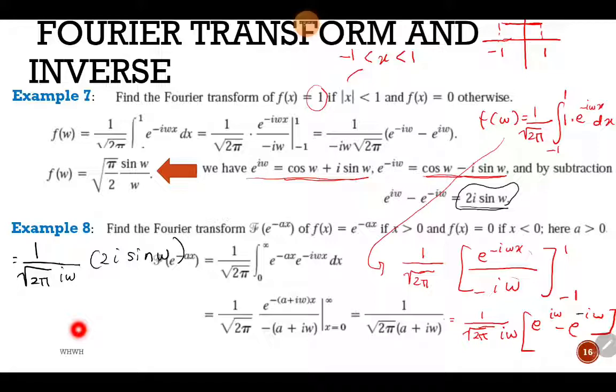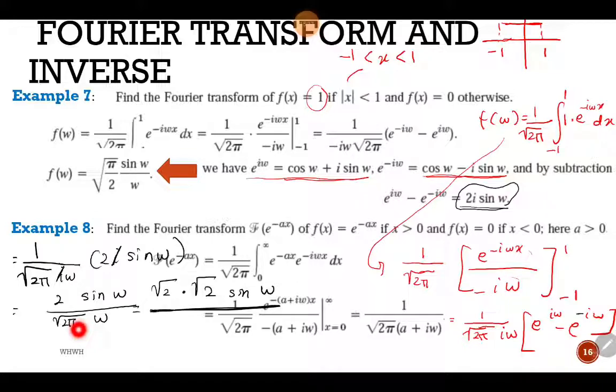And apa-apa yang kita boleh cross, kita cross out dulu. Okay, so yang ni boleh cross. Okay, so kamu akan dapat 2 sin omega over sqrt 2 pi omega. Okay, 2 ni samalah juga dengan sqrt 2 darab dengan sqrt 2. Sin omega over sqrt 2 sqrt pi darab dengan omega.